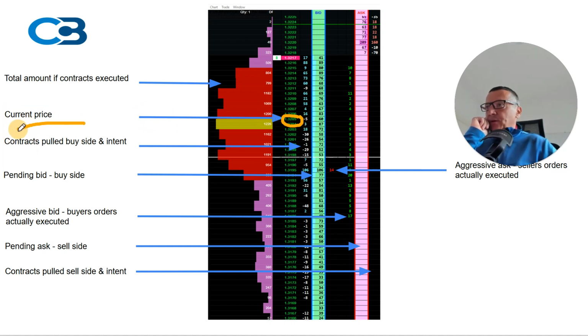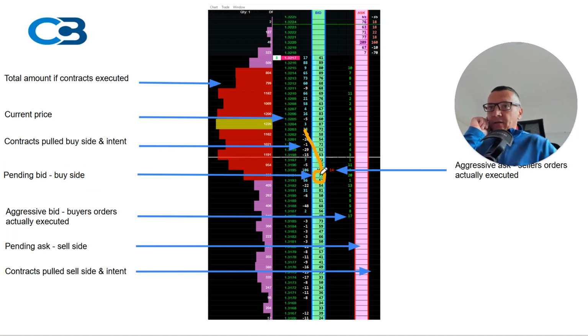And contracts pulled on the buy side. So this minus number here, you can see in this column here, when it's got a minus next to it, it means the amount of contracts that have actually been pulled. Okay, and then we've got pending bids buy side, which is here.